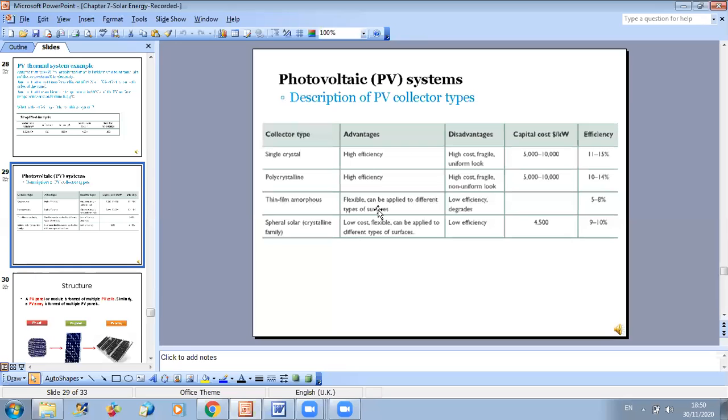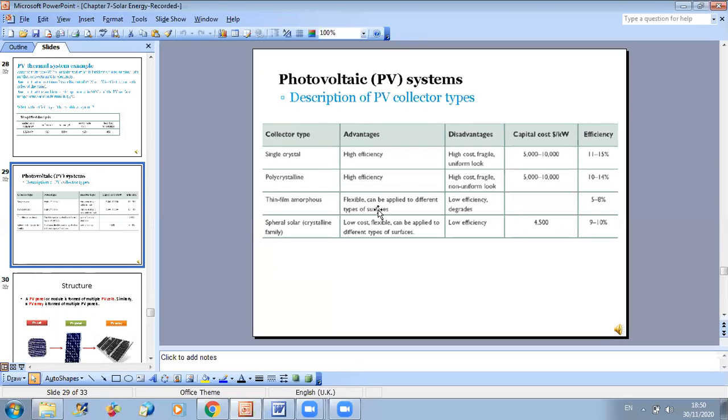For polycrystalline type, you have also a high efficiency, same disadvantages, nearly high cost, and can be corrupted easily. The capital cost is also relatively high, $5,000 to $10,000 per kilowatt, and the efficiency is between 10 and 14%.